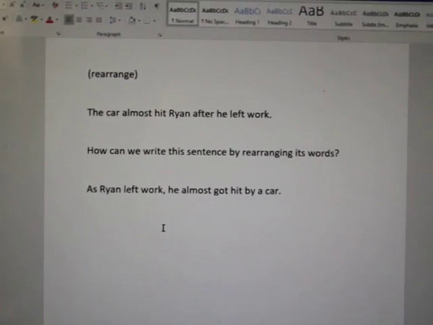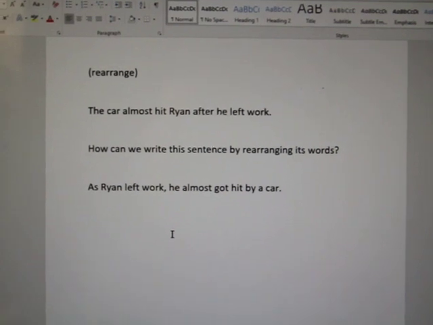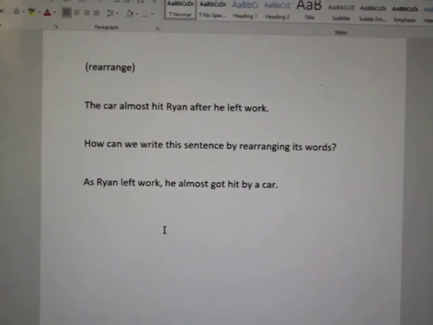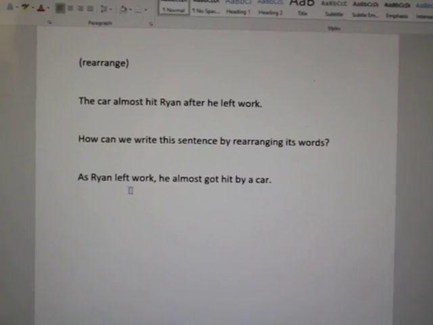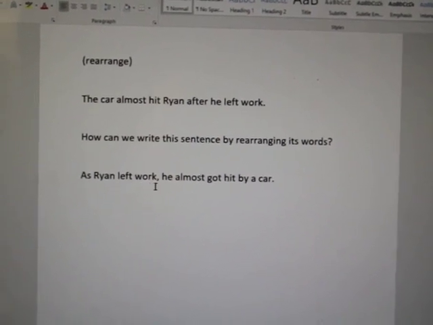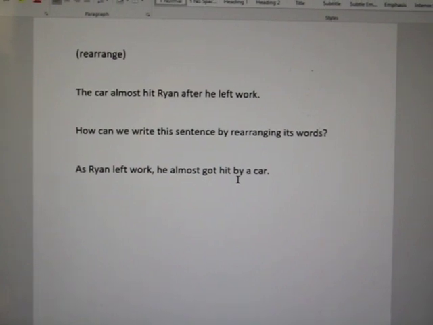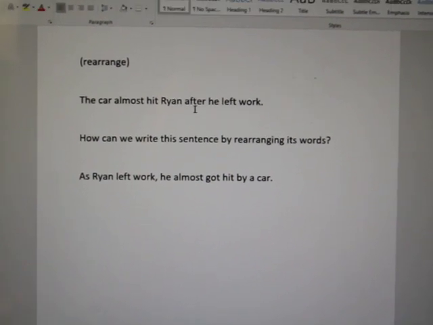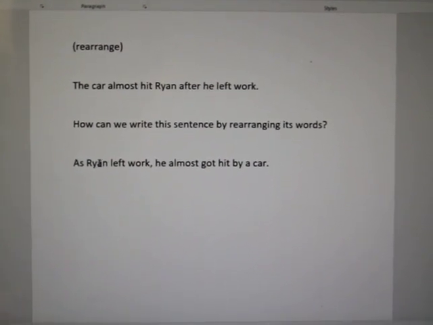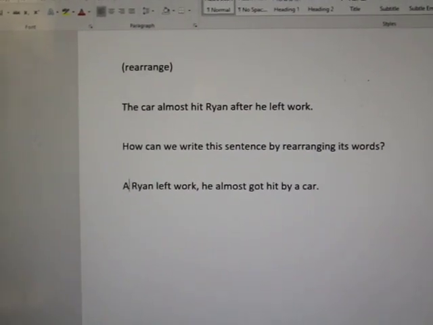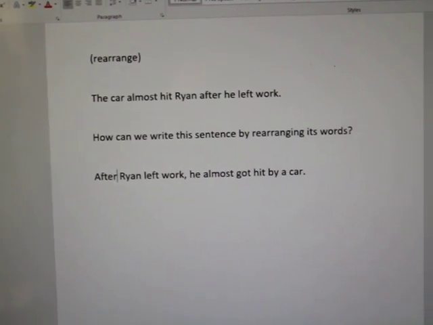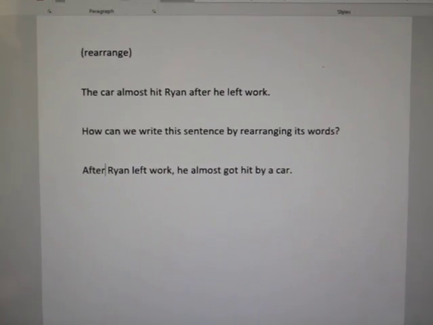That's one way of rearranging a sentence, just to give it a different kind of sound. On this one, we started with the preposition. Actually, that's supposed to be "after." After Ryan left work, he almost got hit by the car.